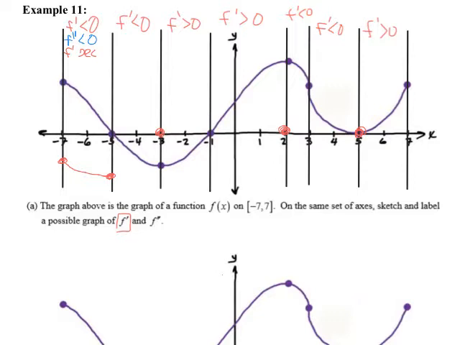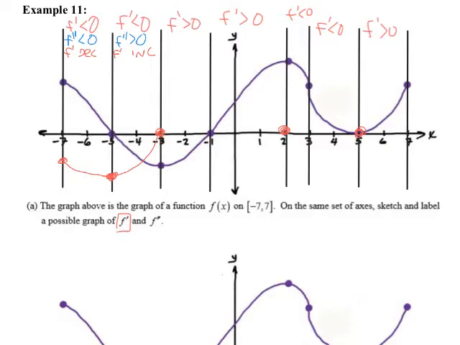And then we can do the same thing on the second interval. We are concave up, so f double prime is positive, or you could say that f prime is increasing. That makes sense because we'd have to increase to get from this point to that point.